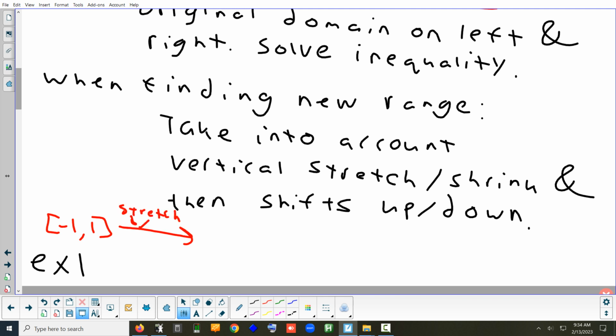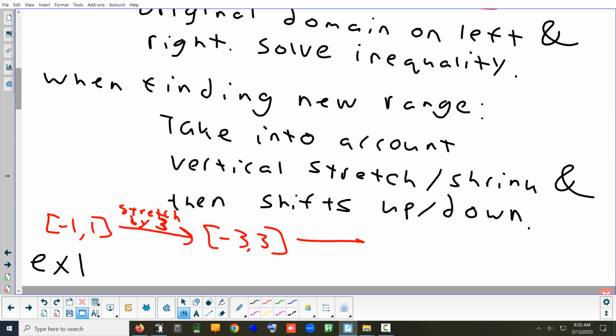If it went -1 to 1 and you stretched it 3 times as much, what would it be? Yeah, -3 to 3. That's how I figure out a stretch. You just multiply the values you had by the stretch. If you stretch by a half, well then it would shrink.